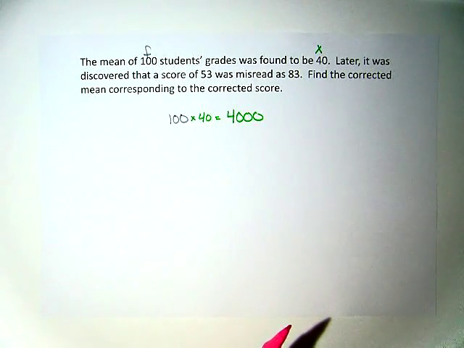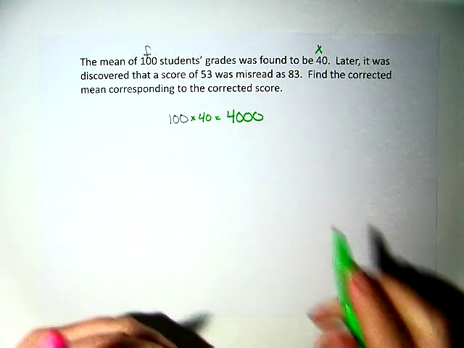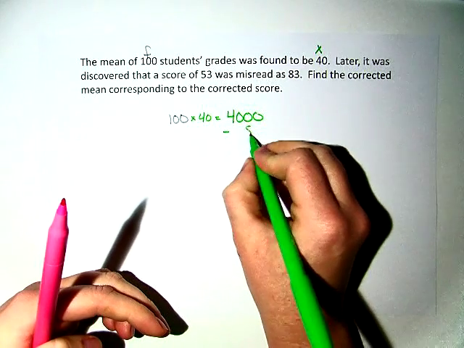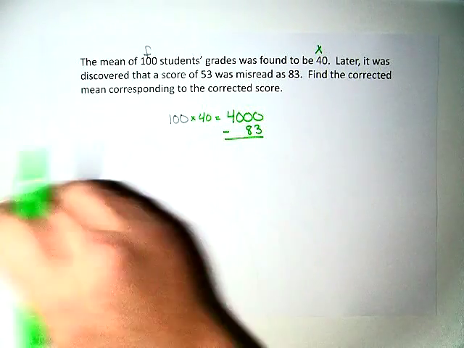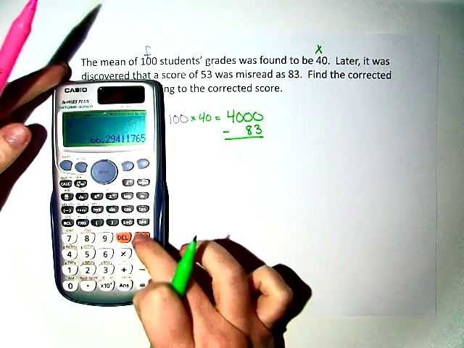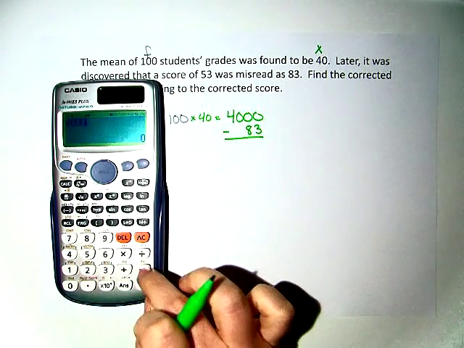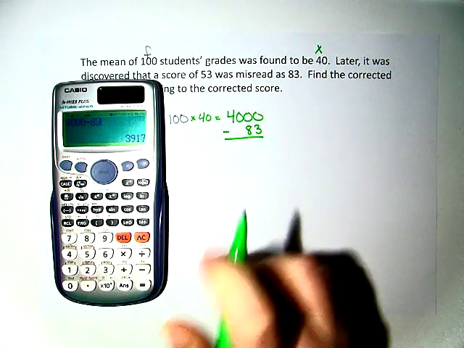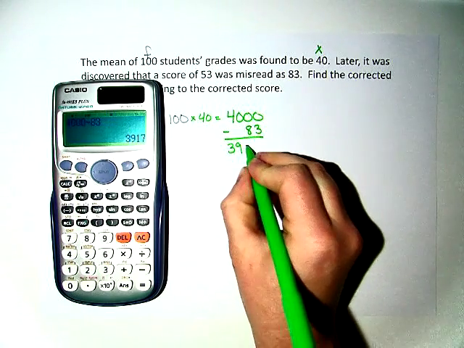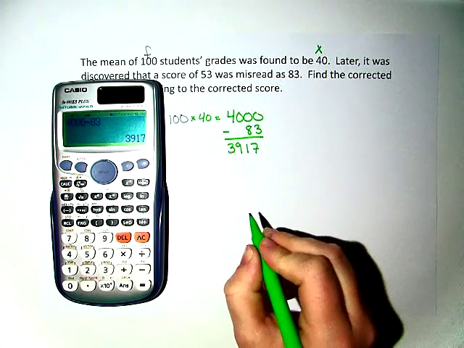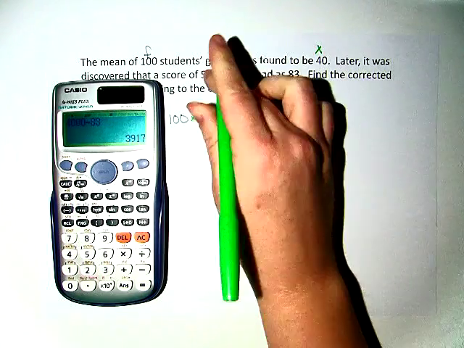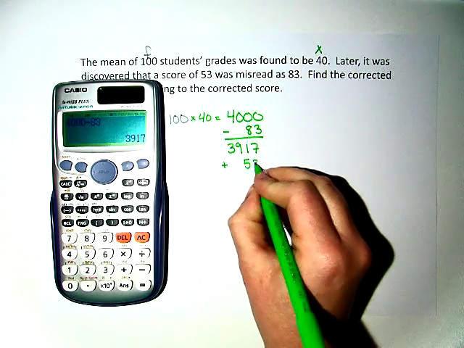Now, unfortunately, one score was misread as 83, so I'm going to take out the 83 from that. So that means 4,000 minus 83 gives me 3,917 total points. But we're going to put the one student back in at 53.